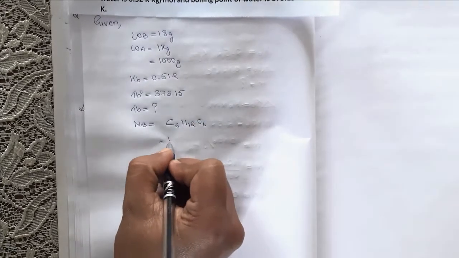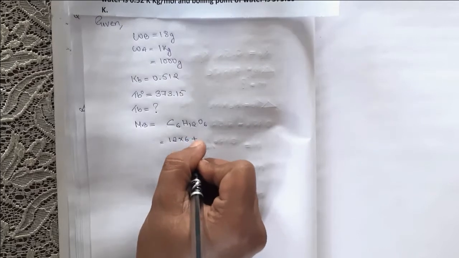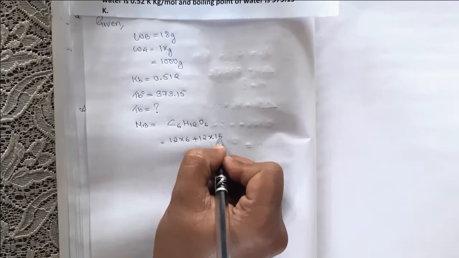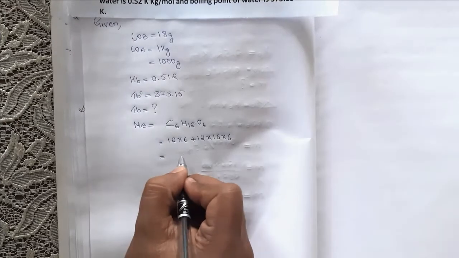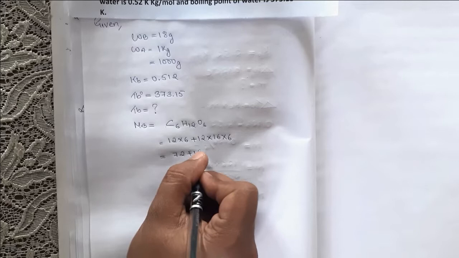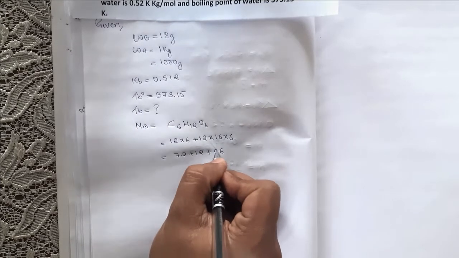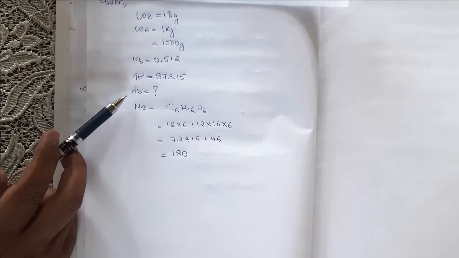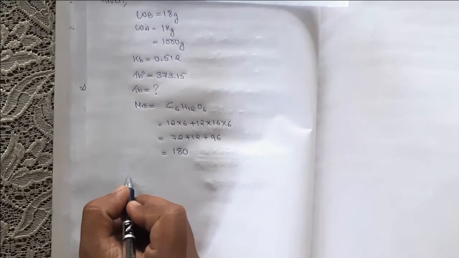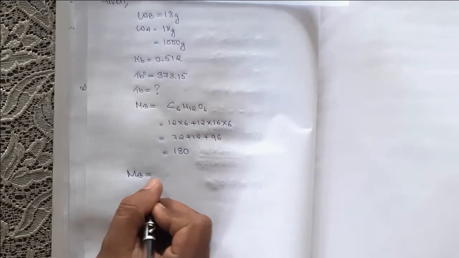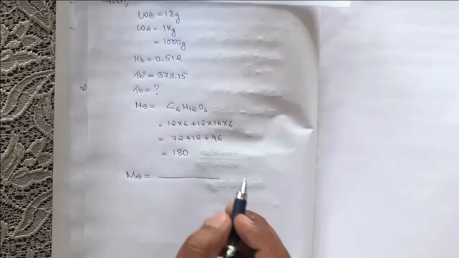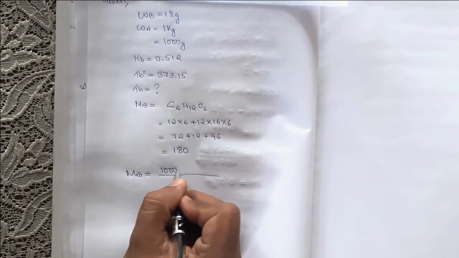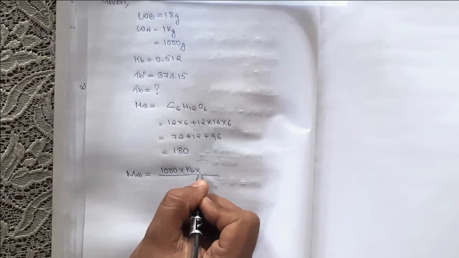If we calculate this one, we shall have 180. So these are our given. We have WB, we have WA, we have KB, we have TB naught, we have MB. We are supposed to find TB.